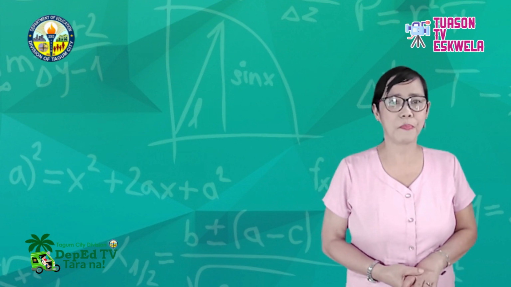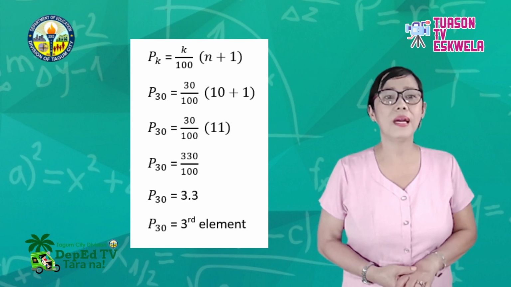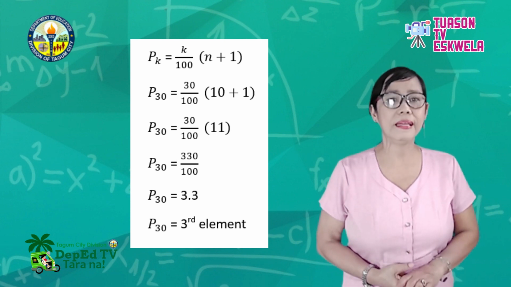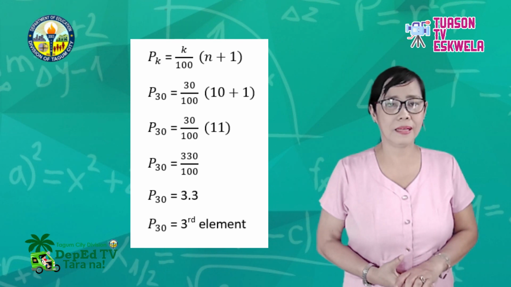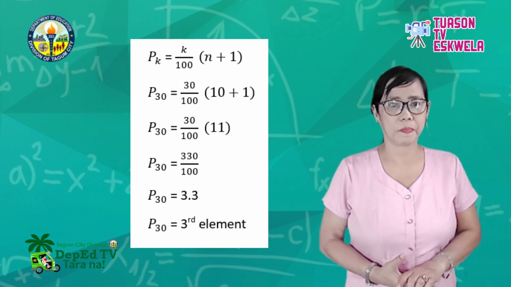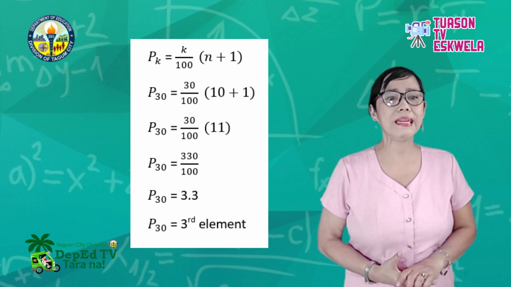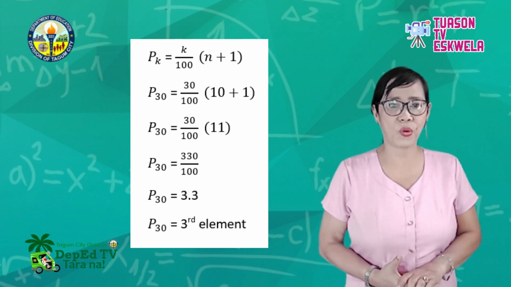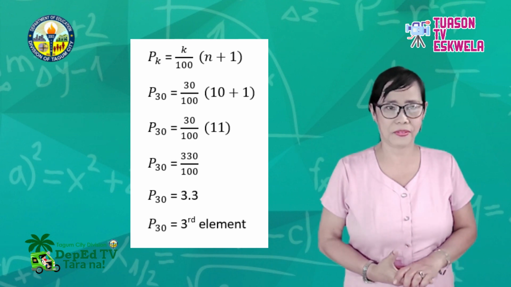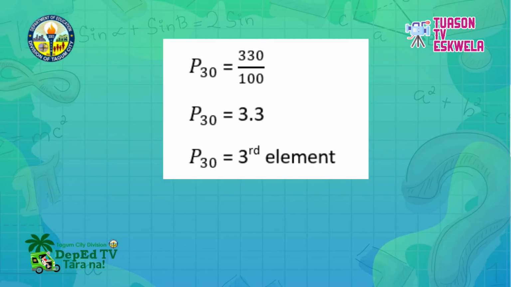P sub 30 now is equal to 30 over 100 times 10 plus 1. Then, P sub 30 is equal to 30 over 100 times 11. P sub 30 is equal to 330 over 100. Therefore, it is 3.3, or it will be less than or equal to the third value.